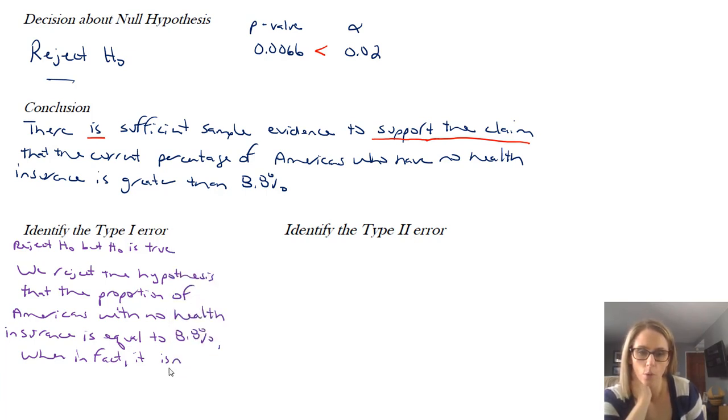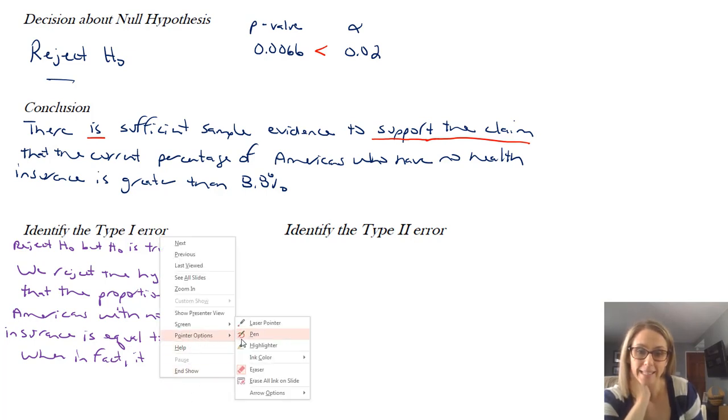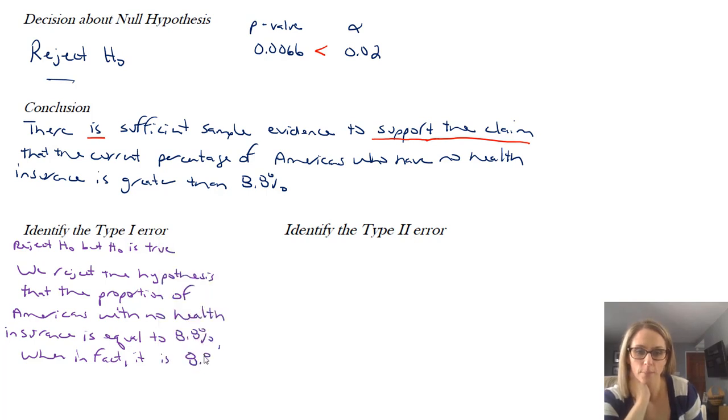So we rejected it, but H naught was true. So it is 8.8%.